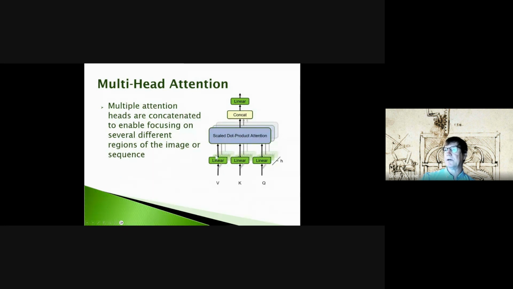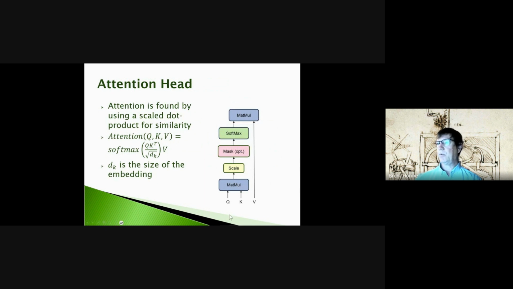Then we can take those and concatenate them into multiple attention heads, right? Honestly, it's not enough for you to really figure out how to implement one of these things, but by having one attention head, we could, let's say, focus on some part of an image, and it might be a crosswalk, right?